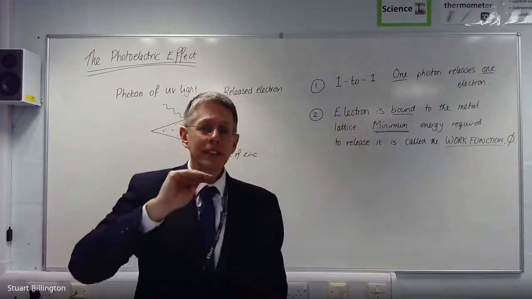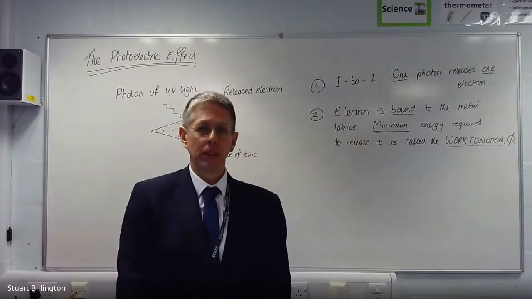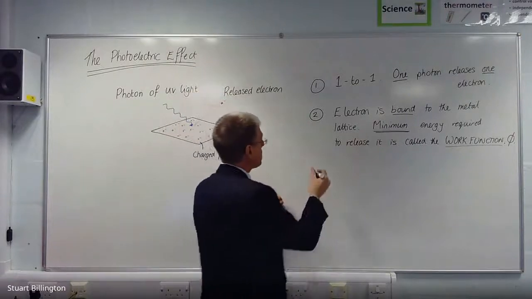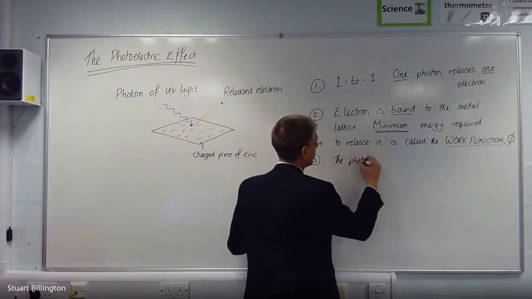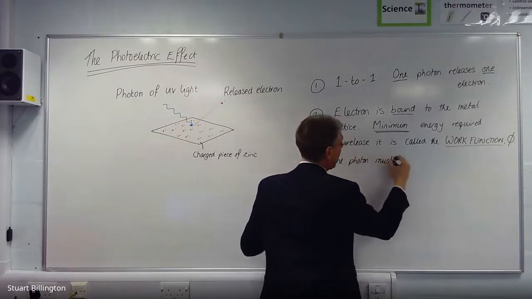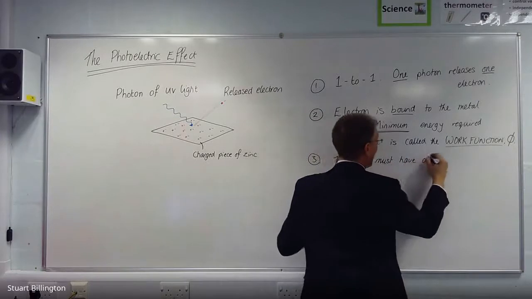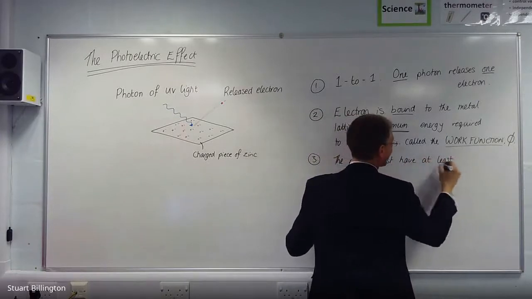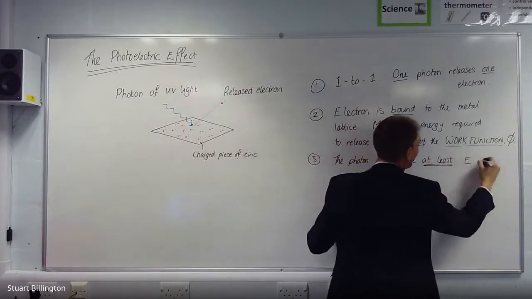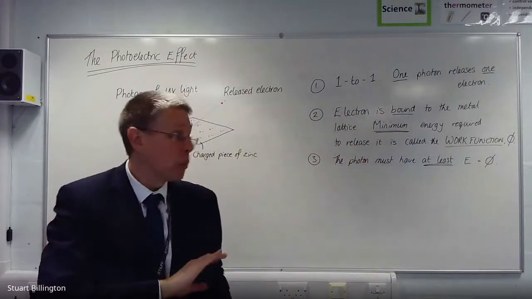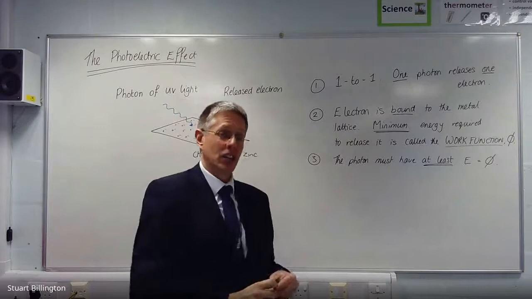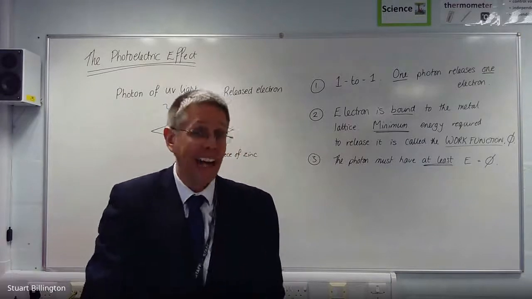So this is the absolute minimum that is required, which means number 3, the photon must have at least energy equal to phi. And if it doesn't have that energy, it just cannot leave.